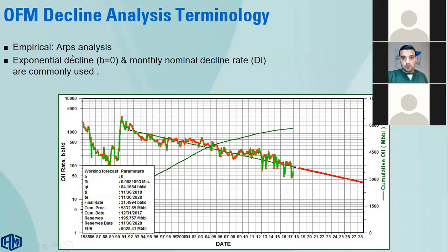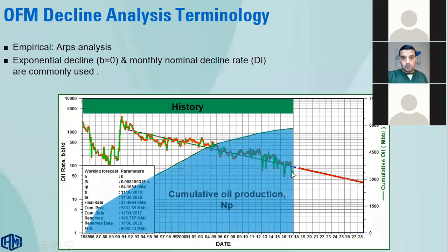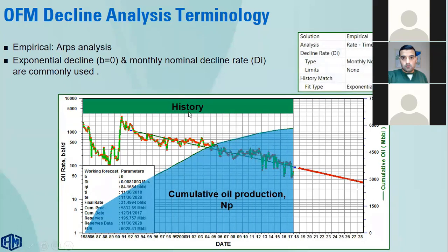Now, it's important to highlight the terminology of decline curve analysis in OFM. As you can see, we have this field data, oil rate versus time, or date. This is the production history for this well, or even the entire field. At this point, we have history or actual production, and at this point we have Np, or cumulative oil production.